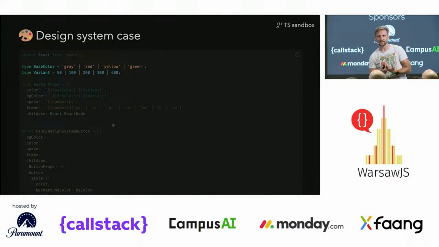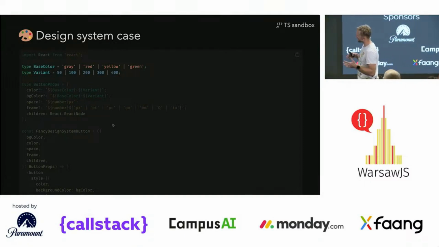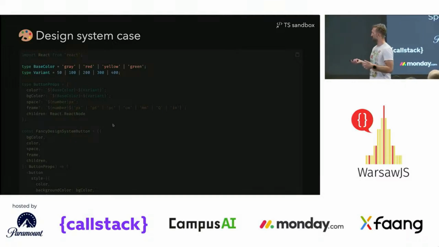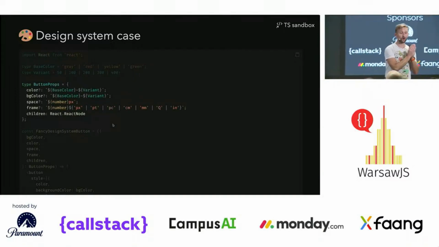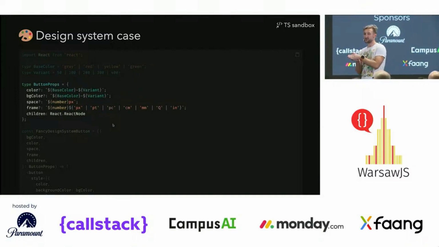Imagine you're creating a design system, and you have the same base colors and variants, and you're making some button. It has some props. It has the color, which is the same combination as we saw. It has the background color, the same combination, so only fixed types are available there.